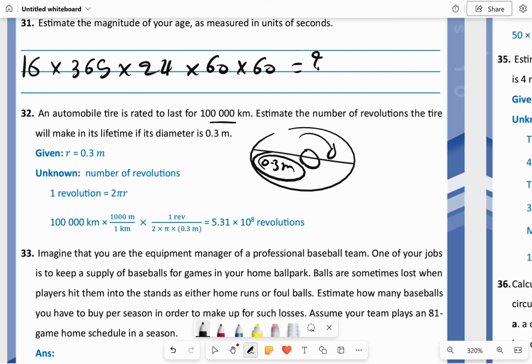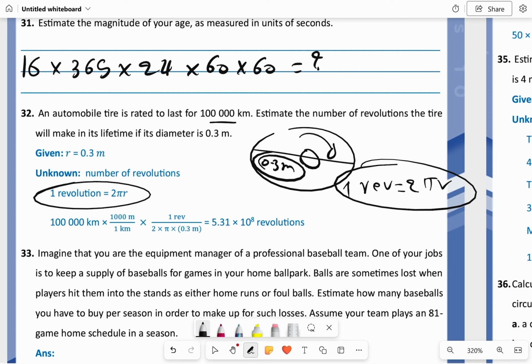So you'll say 1 revolution is equal to 2 pi r, okay? You'll study this in 12th grade too. You have the radius, and you have the diameter, which is 0.3.